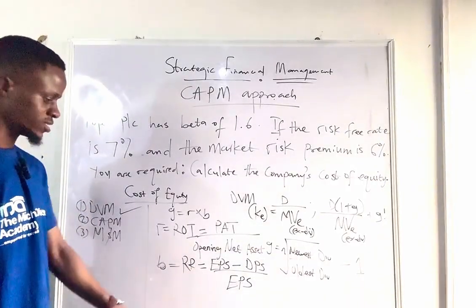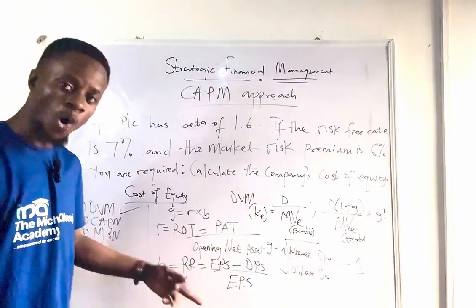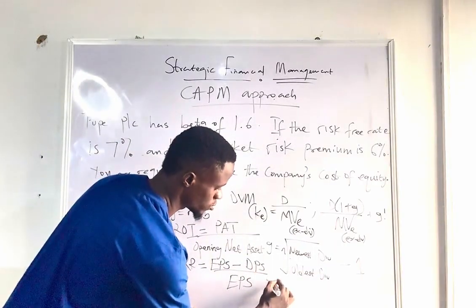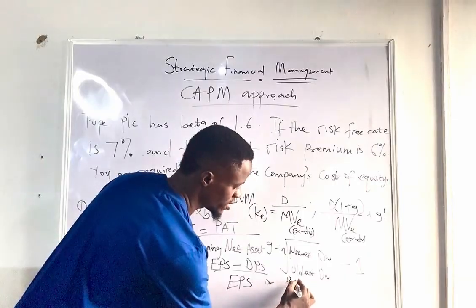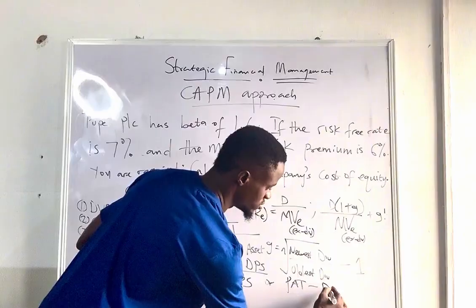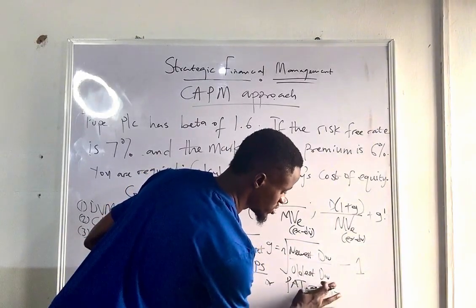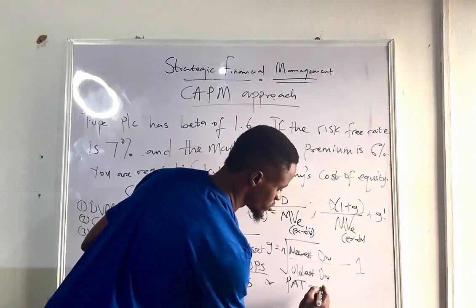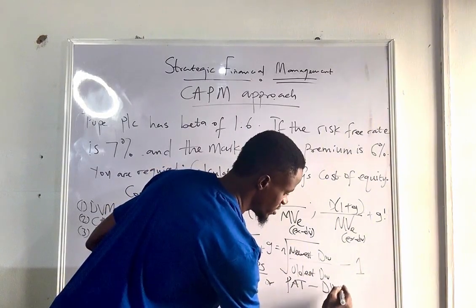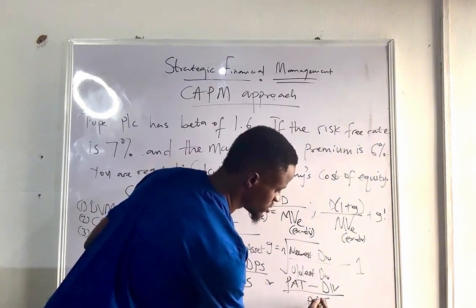That is earnings per share minus dividend per share over earnings per share, or PAT, profit after tax, minus dividend over PAT. Can you see that?